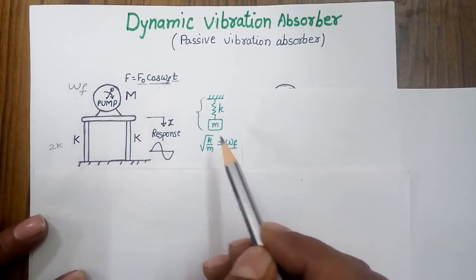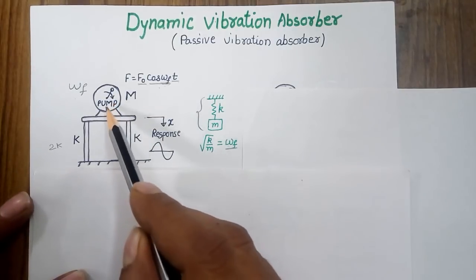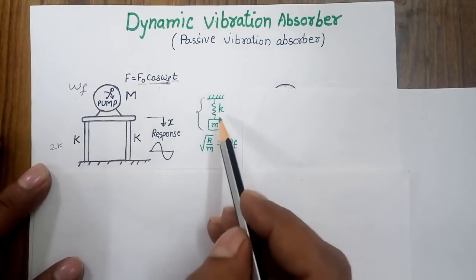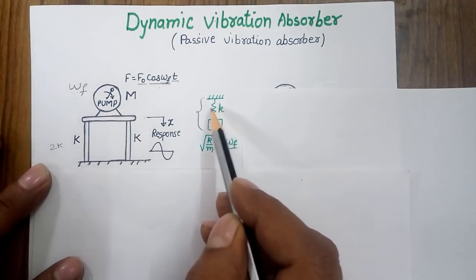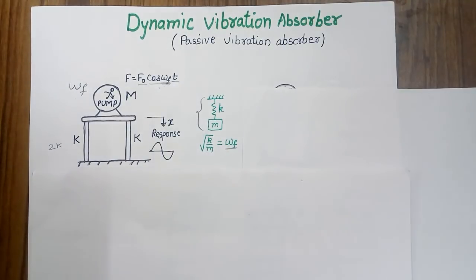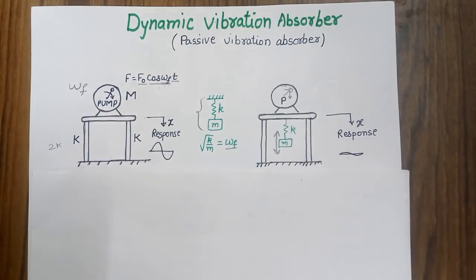Here omega is the excitation frequency of the pump. Let's say the pump is exciting at 50 Hz, then the natural frequency of this vibration absorber should be 50 Hz. And the next job is to add the vibration absorber on the actual body.